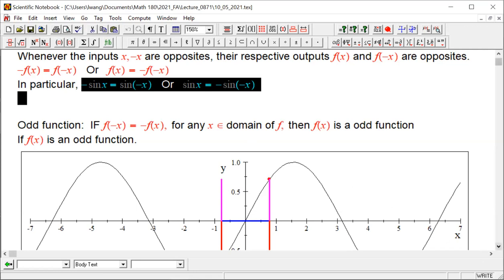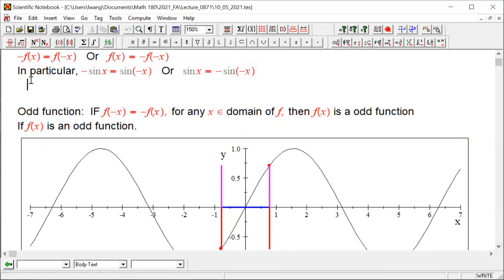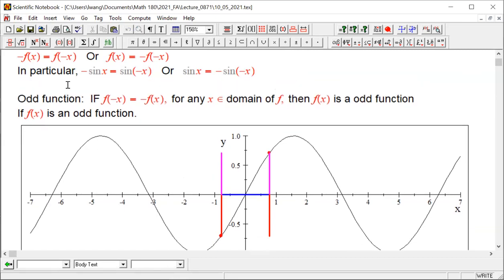In summary, if we go back to explain the nature of an odd function on this sine curve, let's mark it again. Previously, we used a general function to mark an odd function. What if we just mark it on sine?